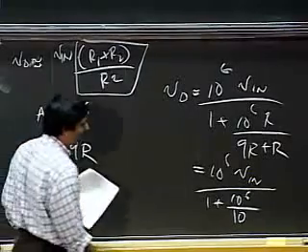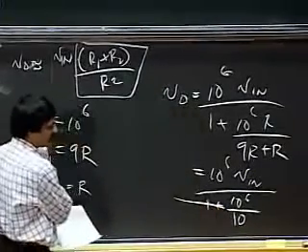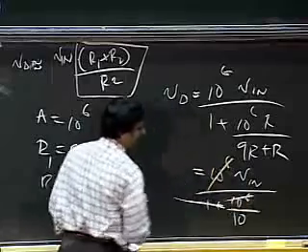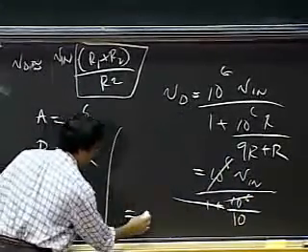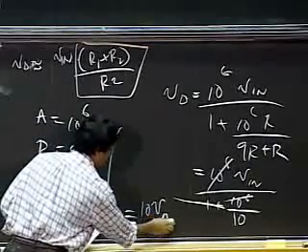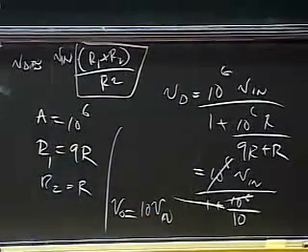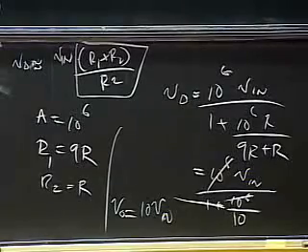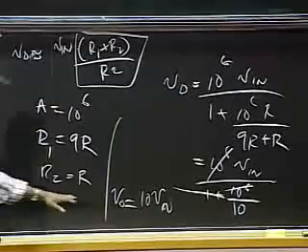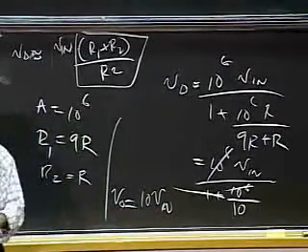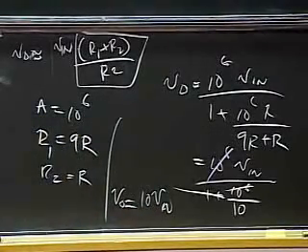If I ignore the 1 here, the 10 to the 6 and 10 to the 6 cancel out. This ends up giving me 10 V in. So I get a really nice amplifier whose output is simply 10 times the input and determined solely by some resistor values.